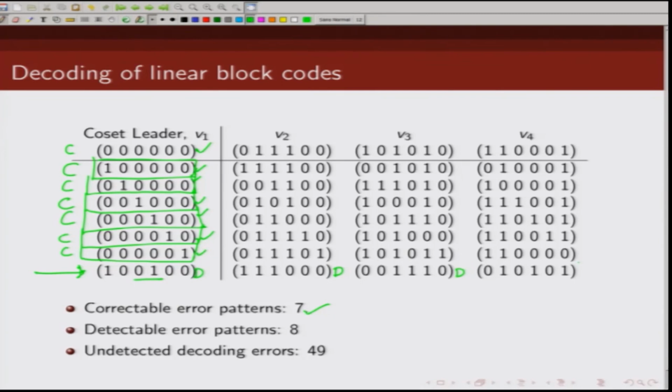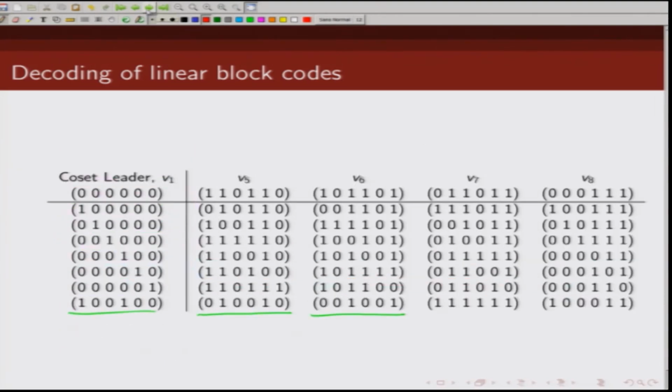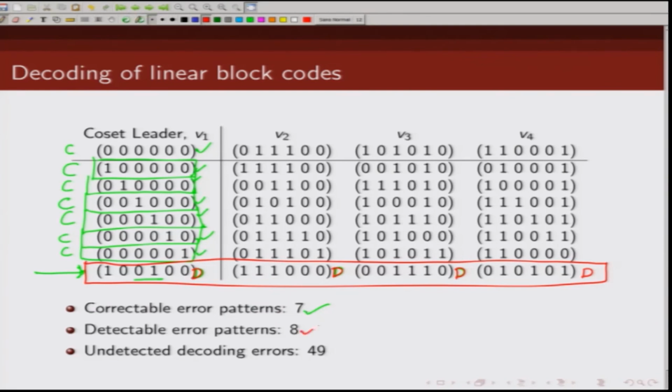Maybe I can use a different color. So, I use red, these are my detectable error patterns. These are 4 of them, and then the remaining 4 are these. So, these are my 8 detectable error patterns.